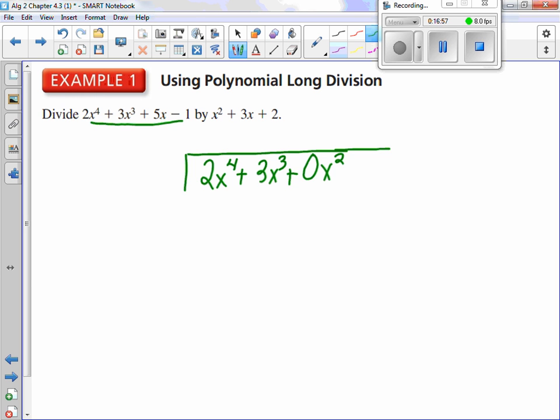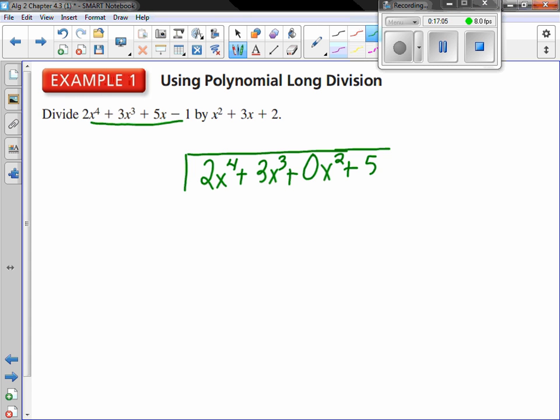Did I really add anything into this equation? No. But we need it there. Okay, now we have everything else. Plus 5x minus 1. So with long division and synthetic division, if there is a term missing, so here we were missing because we had our 4th, had the 3, we were missing the 2, we added in a 0x squared. We have to add it back in.